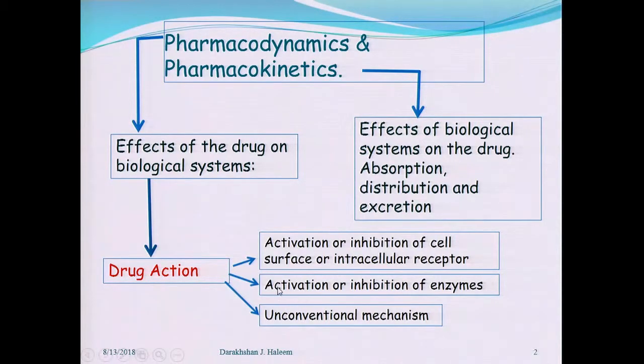The other mechanism, which is also, of course, less common than the previous one, but is still a common mechanism, is activation or inhibition of certain enzymes. And the third one, which is an unconventional mechanism, is the mechanism by which individual drugs actually act.